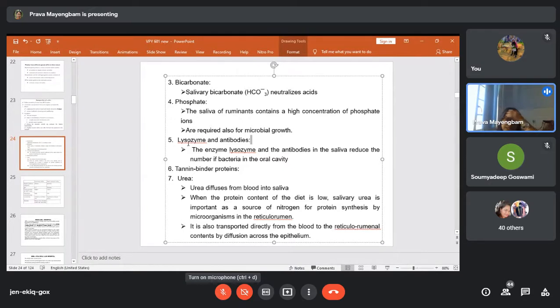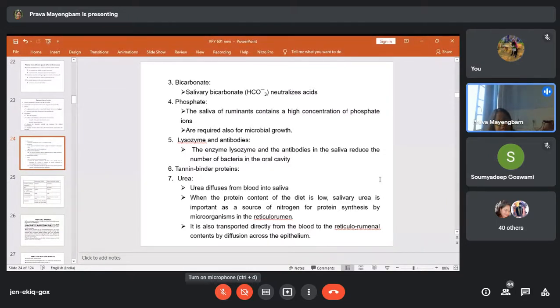Then in addition, there are also the enzyme lysozyme and antibodies. The lysozyme and the antibodies in the saliva reduce the number of bacteria in the oral cavity. In the oral cavity, there is continuous ingestion of microbes with the food we are consuming.